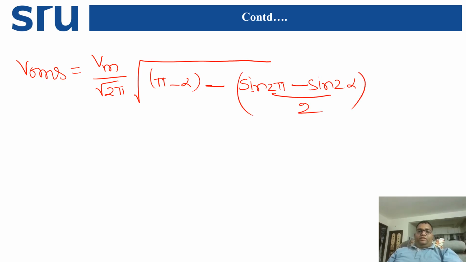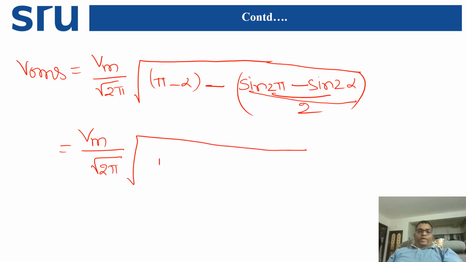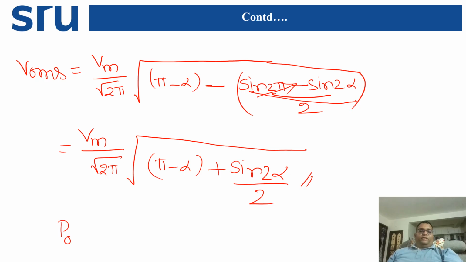This is total divided by 2, and this is the total square root. Then Vm by root 2 times pi square root of pi minus alpha, sin 2 pi is 0, minus into minus plus sin 2 alpha by 2. This is the final derivation for the V naught RMS. Finally, P naught RMS is equal to V naught RMS into I naught RMS.